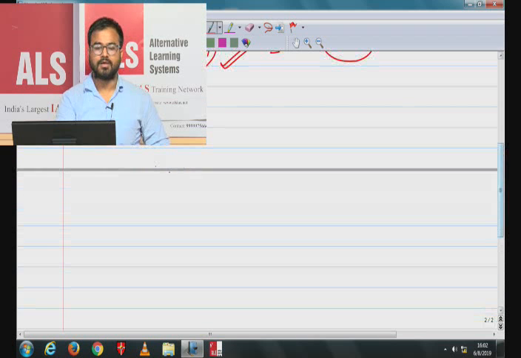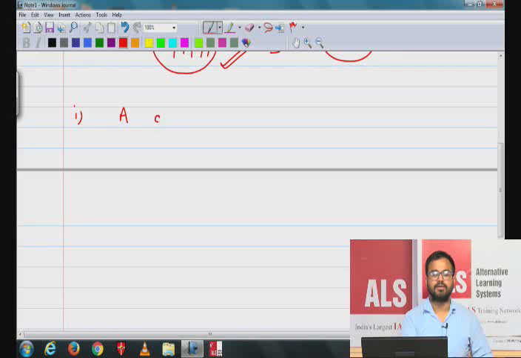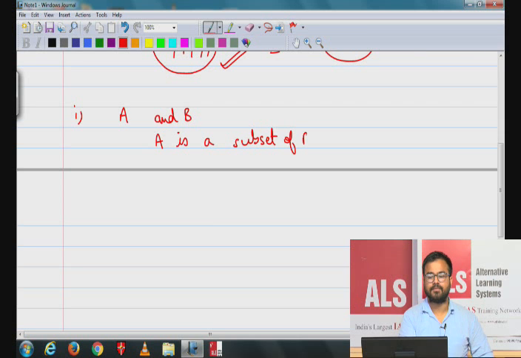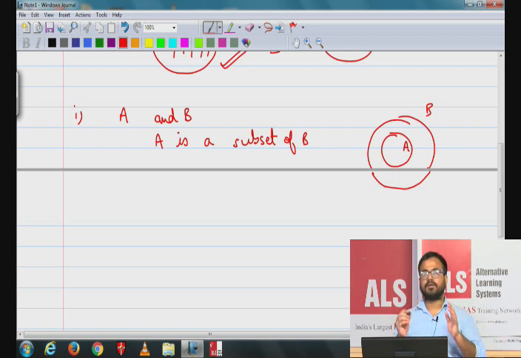Let's say we have two sets A and B, and A is a subset of B. It means all the values of A will be inside B. So I can draw circle A, and outside this one we draw circle B. All the values of A belong to B, but the values of B may or may not belong to A. So A is only a subset of B, but B is not a subset of A. From this diagram we can say that.